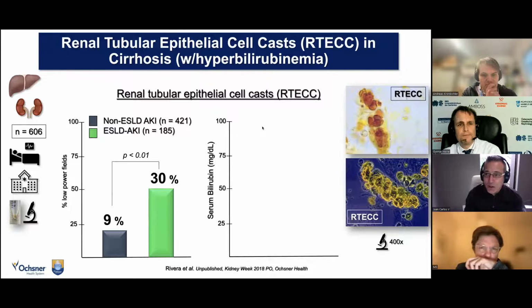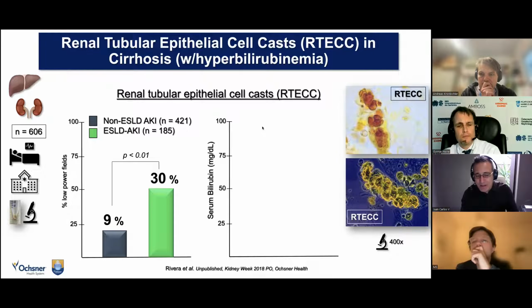And we don't really know why. We speculate that perhaps the bile salts that are present in the tubules are leading to more sloughing of the cells, and they come out in the urine. Bilirubin has been reported to be a benign, antioxidant molecule. But this is the observation.